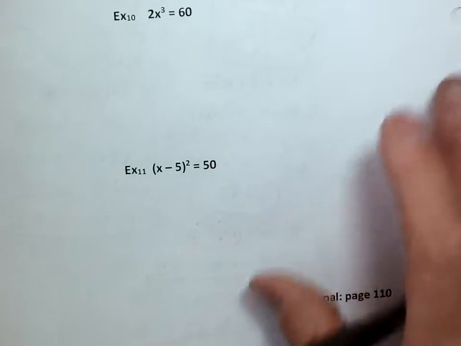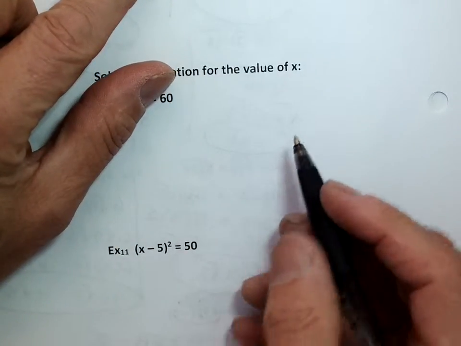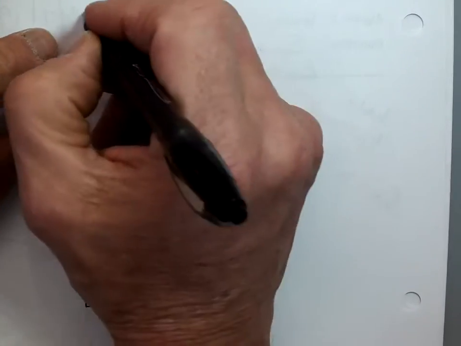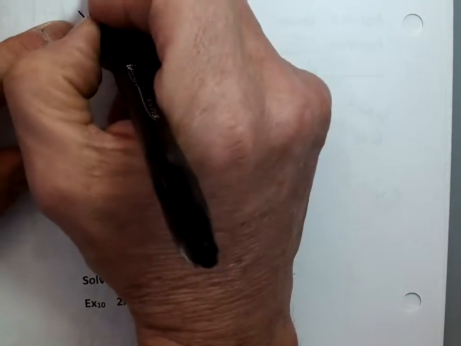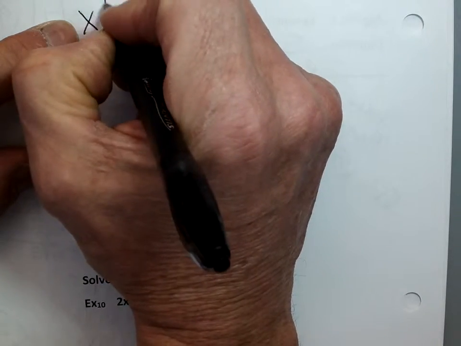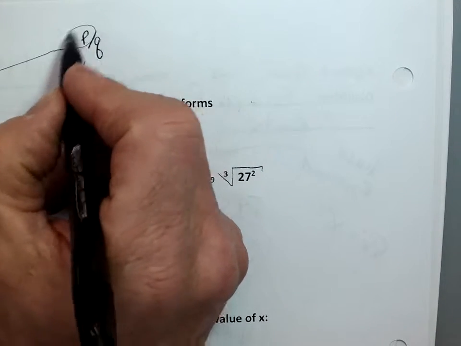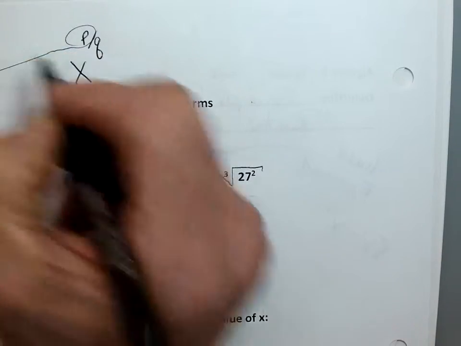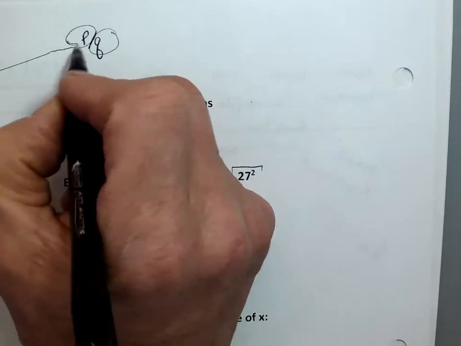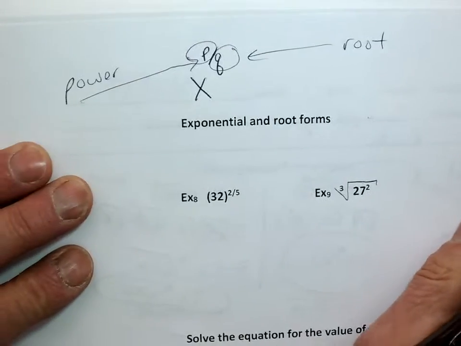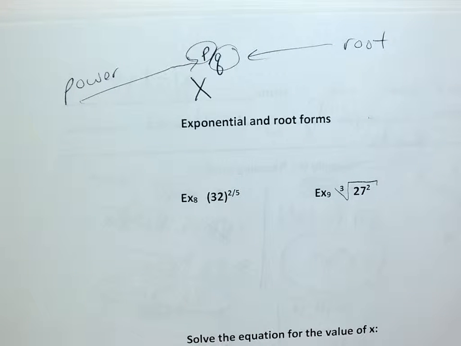All right, now, here's how it works. If you have something to a fractional exponent, the top number is the power, and the bottom number is the root.